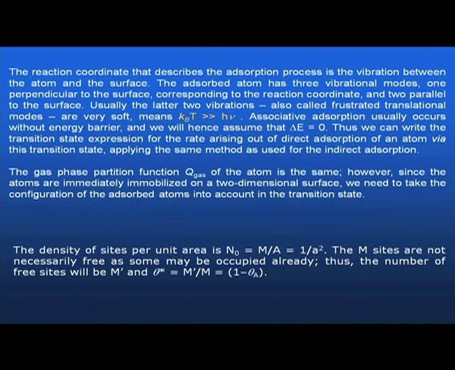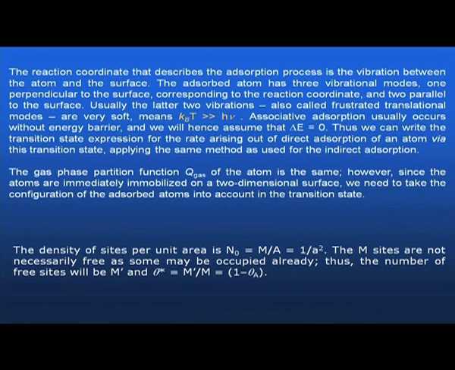And usually the latter 2 vibrations are called the frustrated translational modes. So, these are somehow similar to translation. Suppose a vibration occurs like this on the surface; it may be very close to the translation on the surface, and it is given a new name. Although it is not a true translation, since it is really a vibration, it is called a frustrated translational mode, and these modes are very soft.